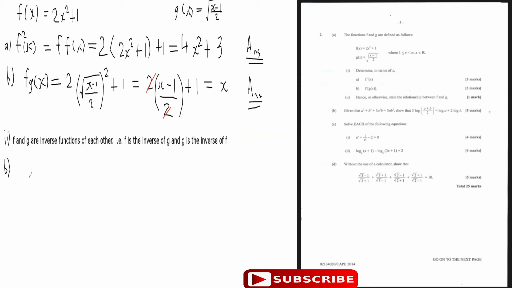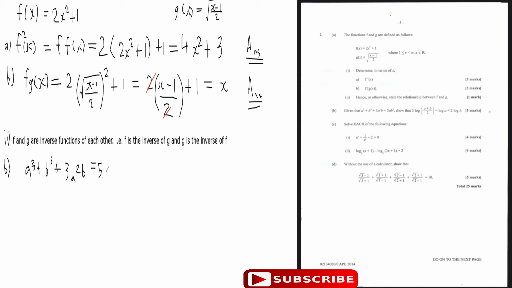Given that a cube plus b cube plus 3a squared b, so let's write that down. They're telling us that a cube plus b cube plus 3a squared b is equal to 5ab squared.